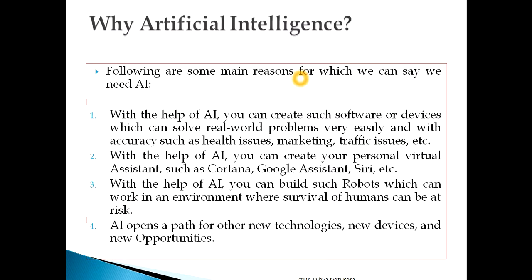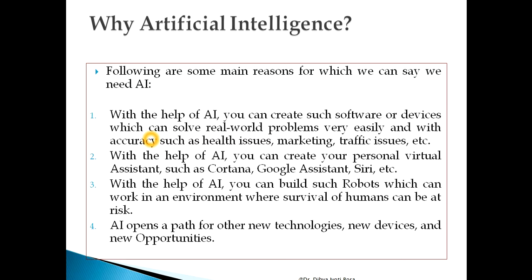Now, why do we need it? Why do we need artificial intelligence? There are some main reasons for which we can say that we need AI. One by one. First one is, with the help of AI, you can create software or devices which can solve real world problems very easily and with accuracy. These two terms are very important: easily and accuracy.